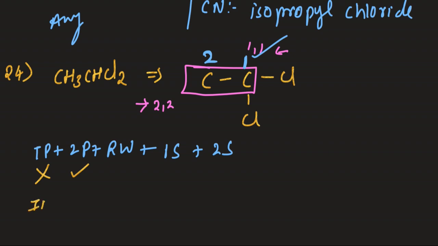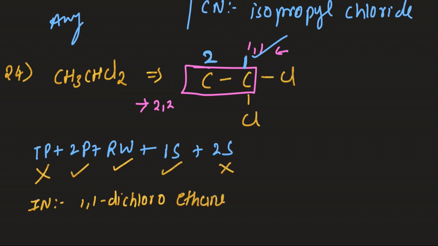Same. So the IUPAC name is 1, comma 1 dichloro. Root word: 2 carbons are there, so eth. Straight chain alkane. So 1, comma 1 dichloroethane. There is no functional group.